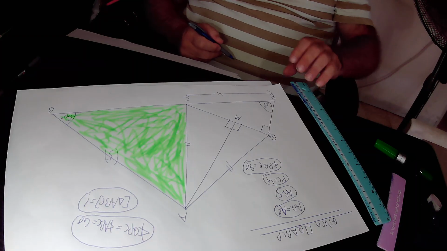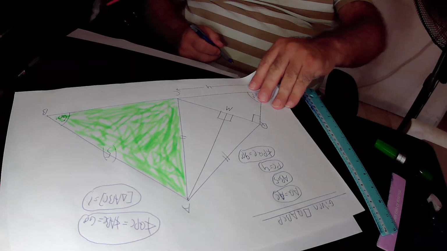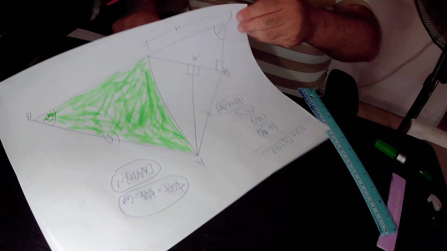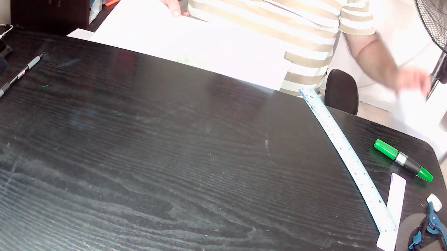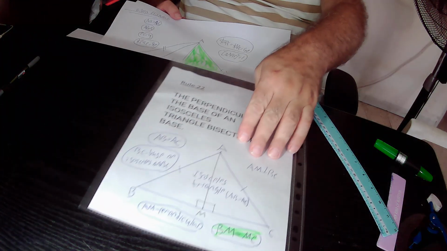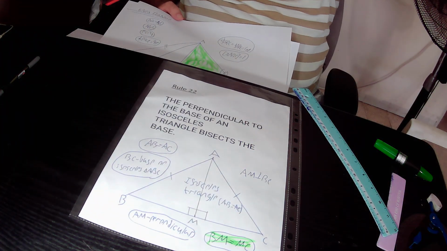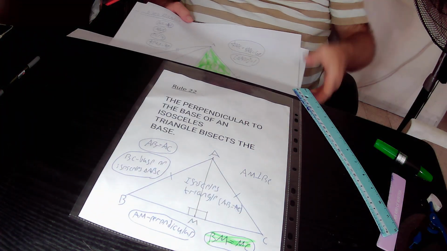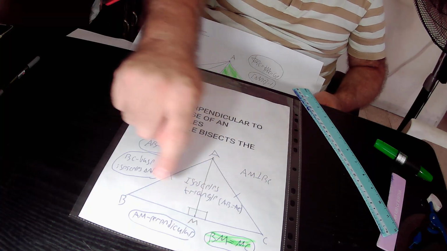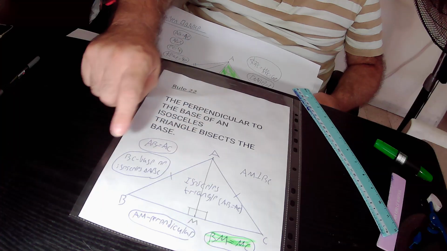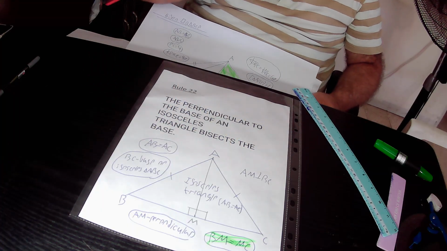So here we have rule 22. I'll repeat quickly rule 22. According to rule 22, the perpendicular to the base of an isosceles triangle bisects the base. In the drawing, we have triangle ABC. This is an isosceles triangle because side AB equals side AC.